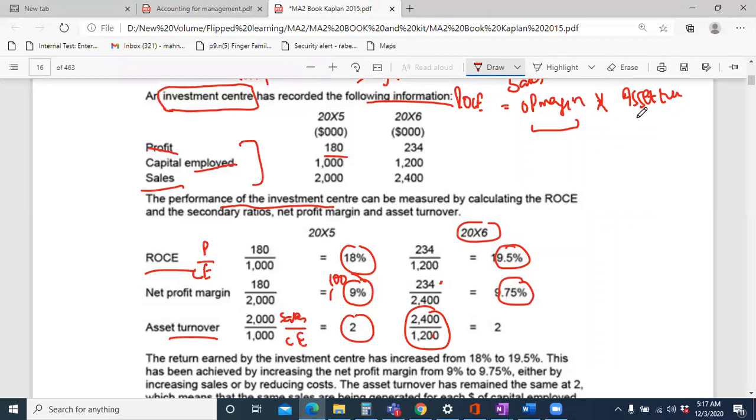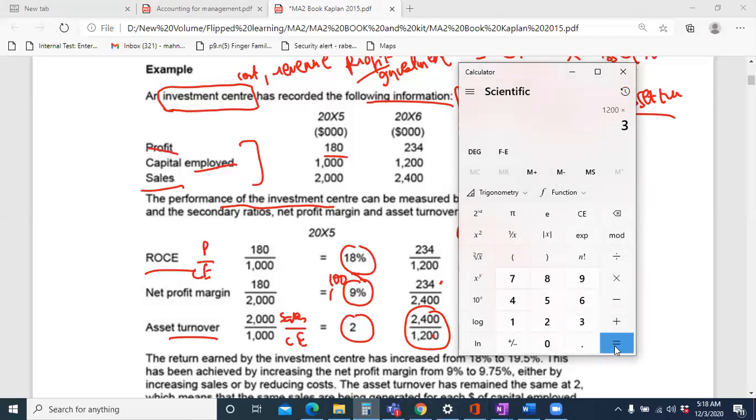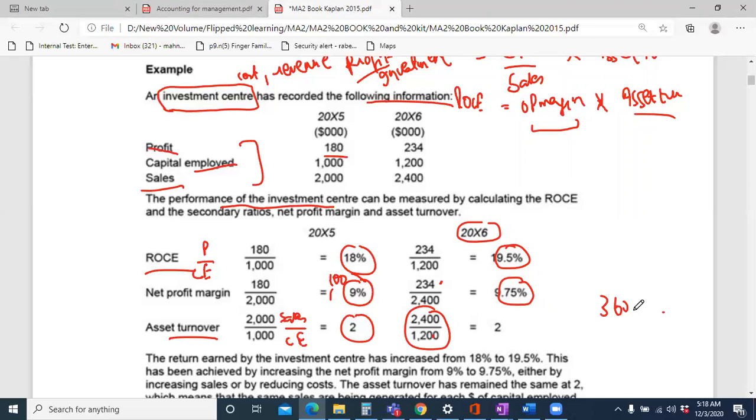So, for example, if the number of times had increased from 2 to 3, the sales in 2006 would have been 3600. If the sales was 3600 out of 1200, it would have been 3 times. And say the net profit margin was the same, 9.75.